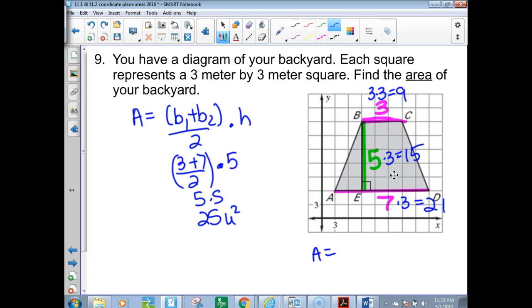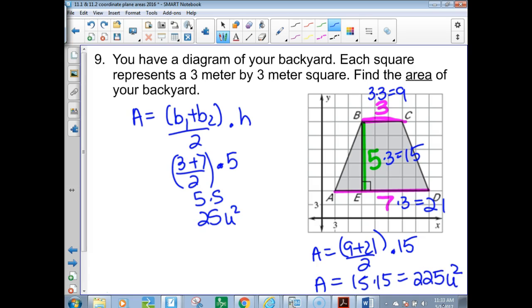If you add 9 and 21 and divide by 2, then multiply by 15, let's see what we get. This is the correct answer for sure. 30 divided by 2 is 15. 15 times 15 is 225 square units.